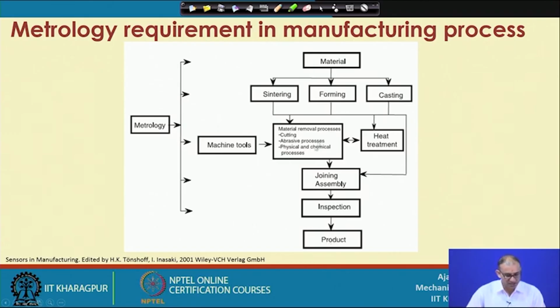You can see here, this is a routine thing, it is not specifically used for micromachining, but this is the complete sequence of the product, starting from the raw material to the final product, and metrology is required at each and every stage. So, you can understand the importance of metrology to make sure that the final product is as per your desired dimension and desired properties.